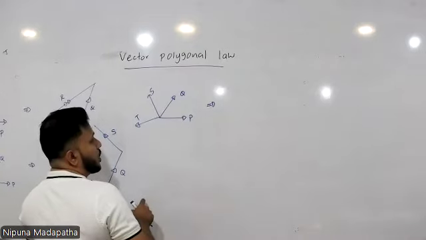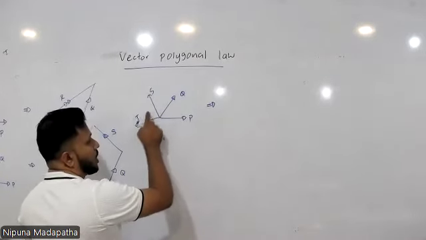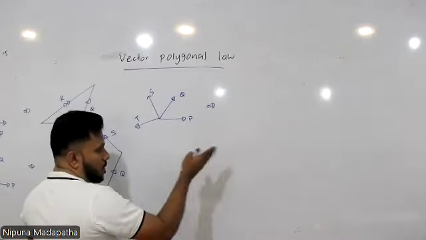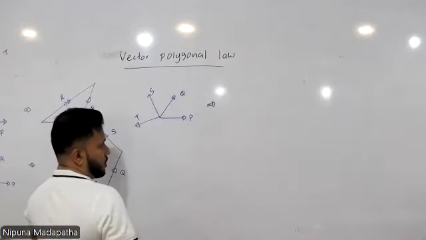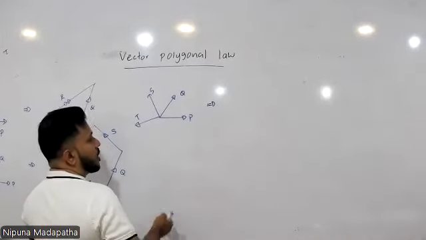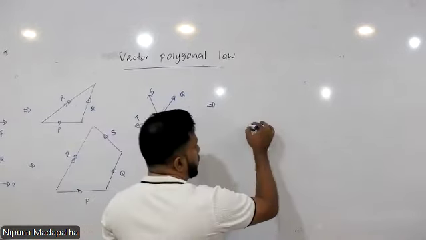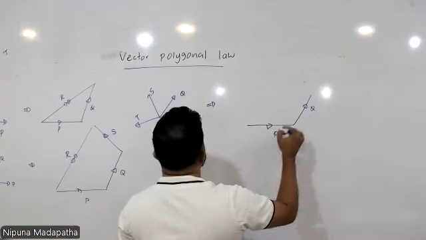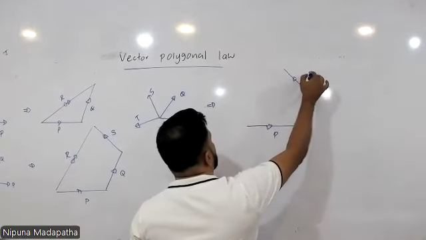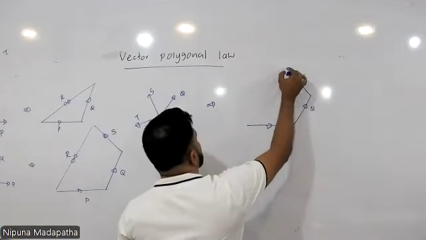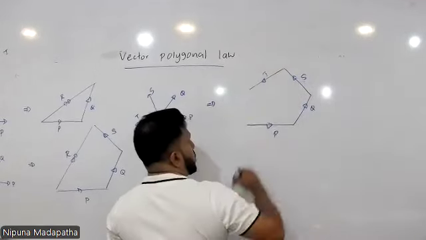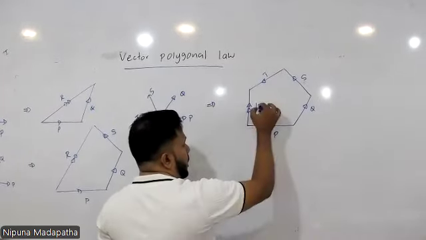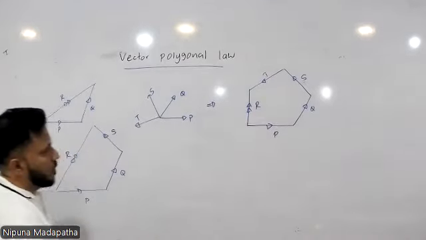You represent these four vectors by the magnitude and direction of the sides of the polygon taken in order. You draw P, then Q, S, then T. The closing side will represent the result.